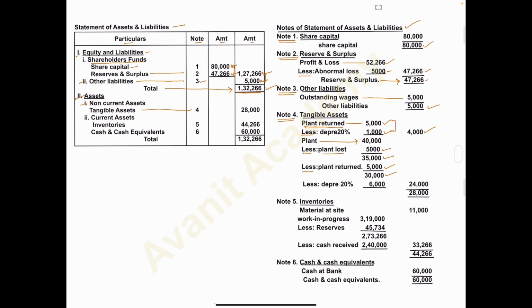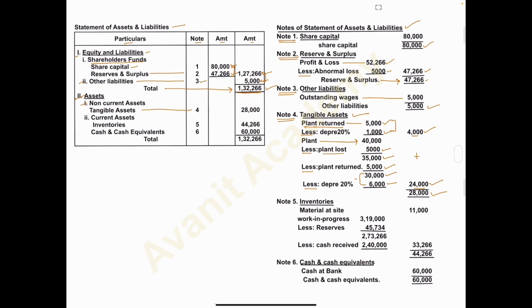On this 30,000, we have to calculate the depreciation at 20%. Less depreciation 20% on this 30,000, you will get 6,000. So from 30,000 minus 6,000, and the final amount is 24,000. And total of these two, 4,000 plus 24,000, you will get 28,000. So the total value of tangible asset is 28,000.